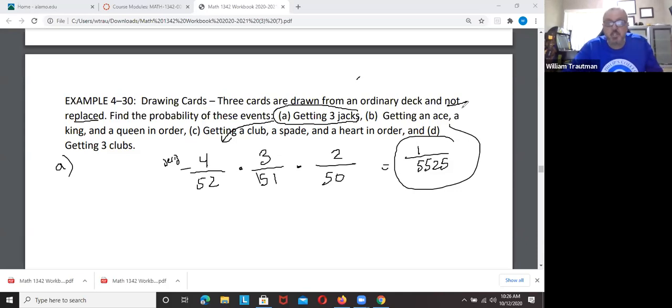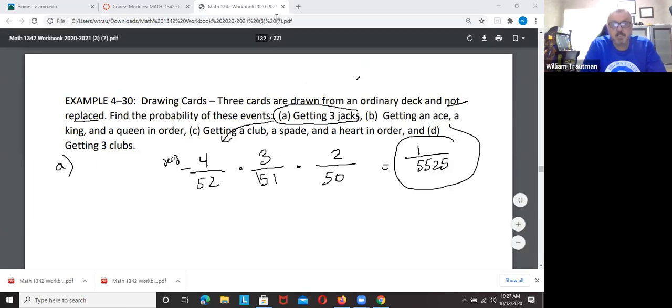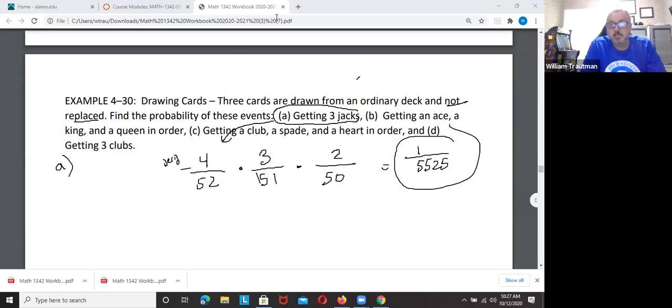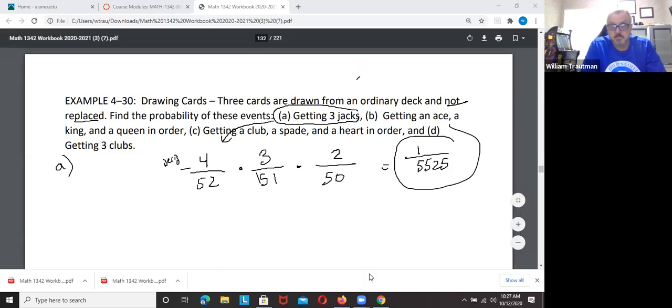I do want to show that really quick also. Let me show that on my calculator. Give me a second. There it is.